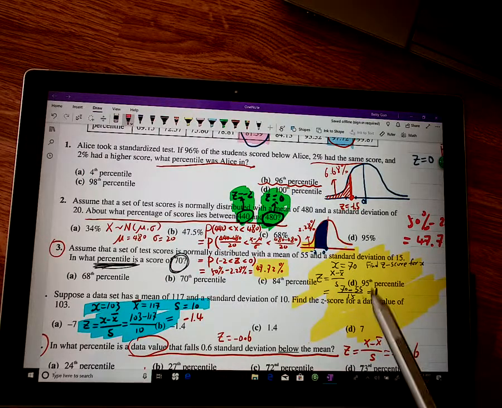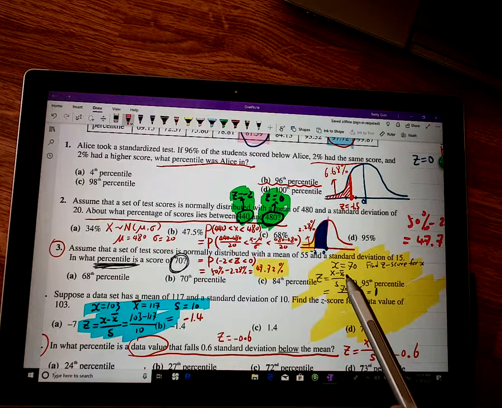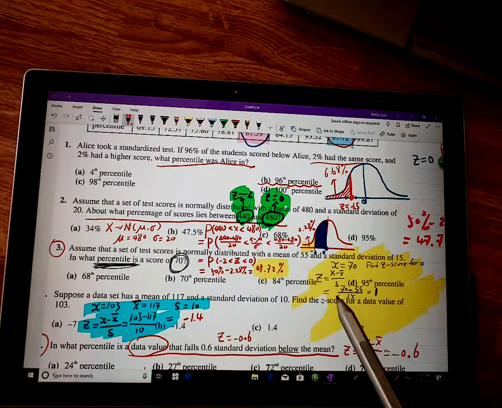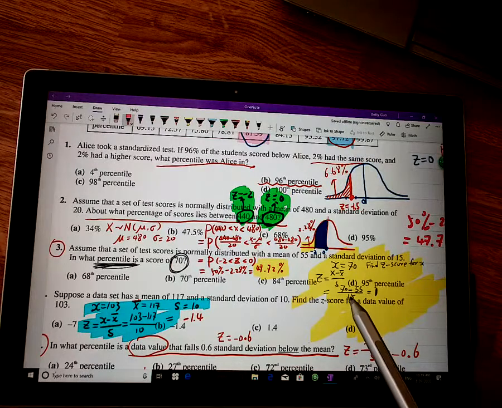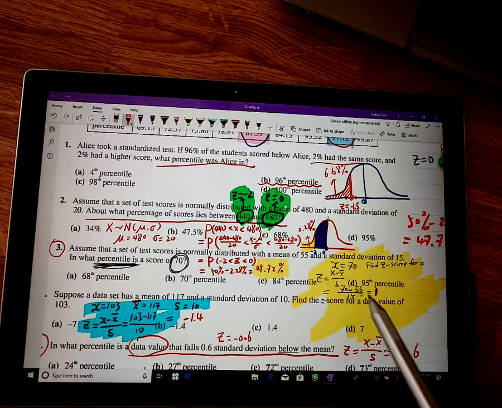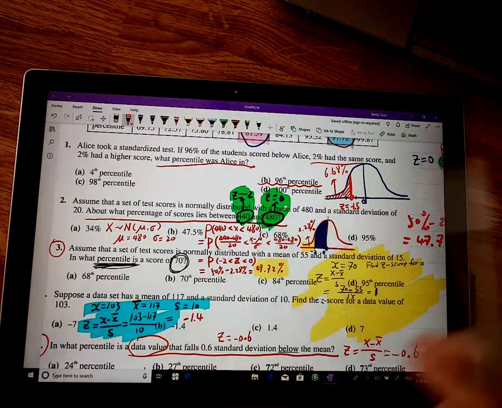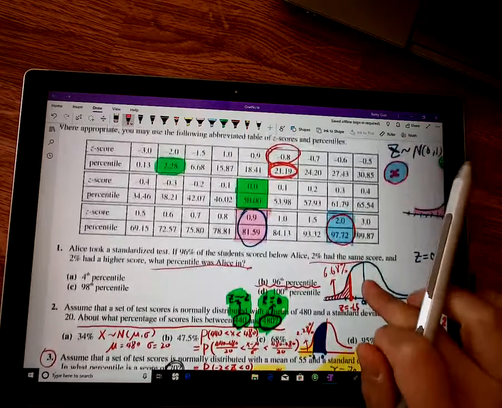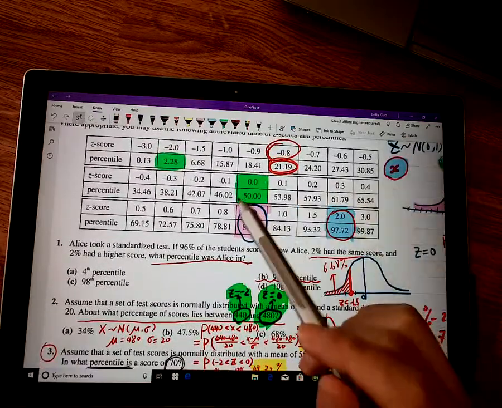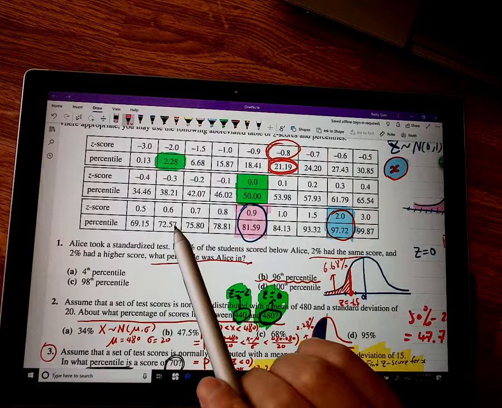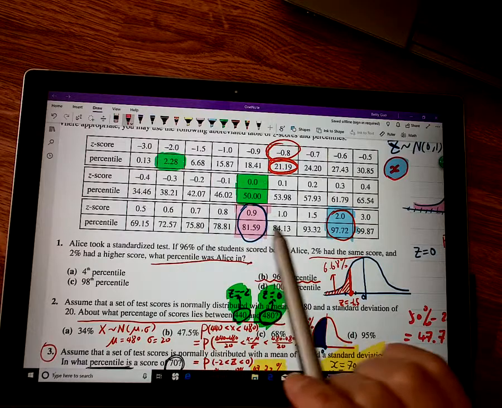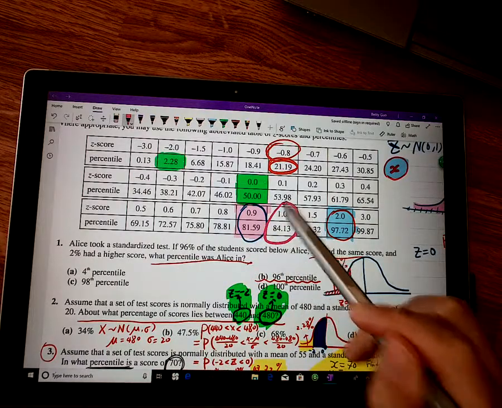How did we do that? We subtract the sample mean 55 from 70 and all over the sample standard deviation 15. Yeah, we have 1. So the z-score of 70 is 1. Where is 1? 1 is here.